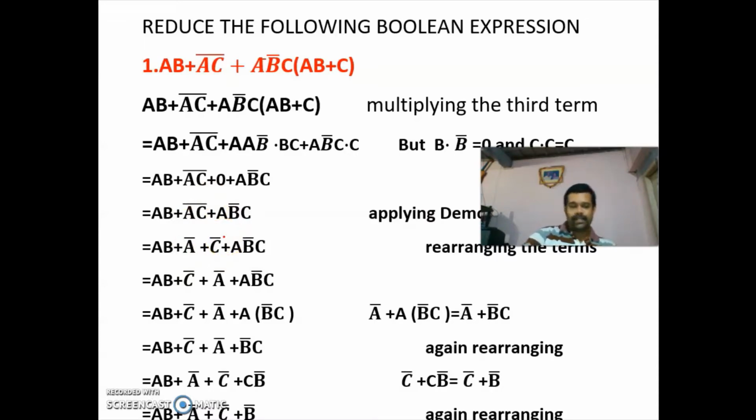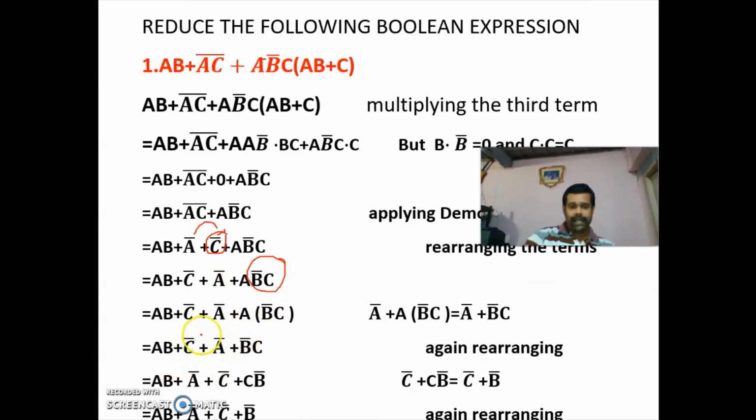Then what we are doing is rearranging. We are taking this C bar here and shifting A bar here. Then by using the identity A bar plus AB, this whole BC we are considering as B. So A bar plus AB is equal to A bar plus B. You got this.